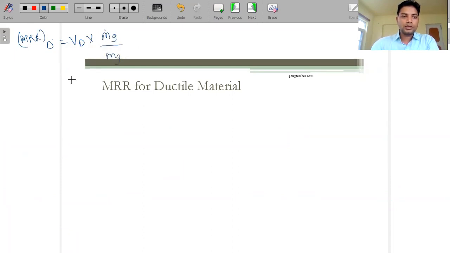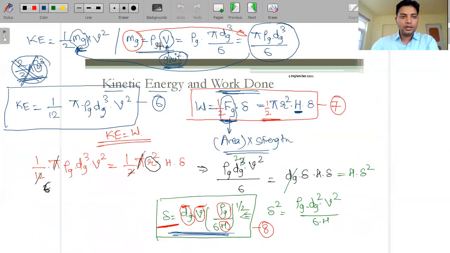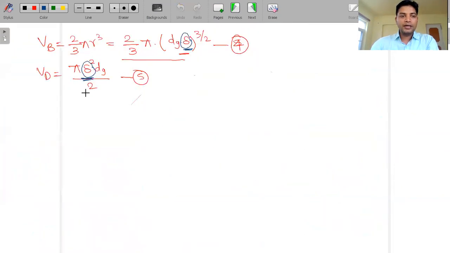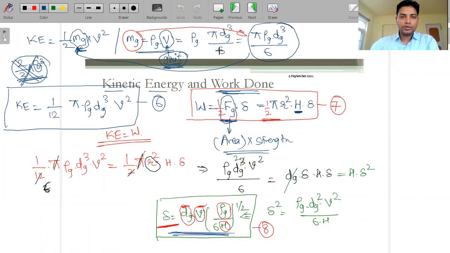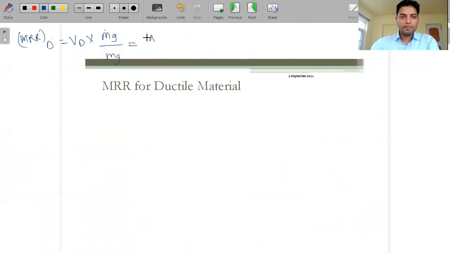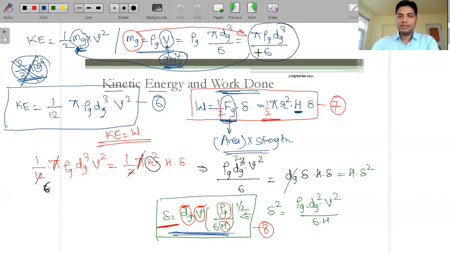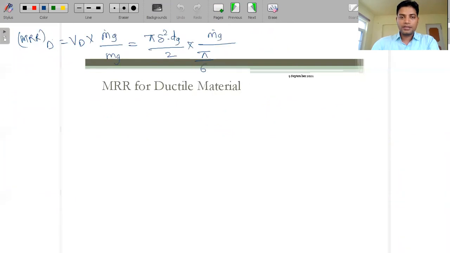Simply, you can write this as Vd, and the value of Vd is pi into delta square into dg by 2. So this is pi into delta square into dg by 2 into m dot g upon, this is pi by 6 into rho g into dg cube.